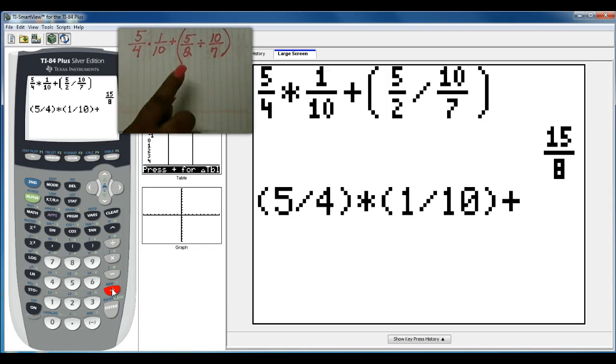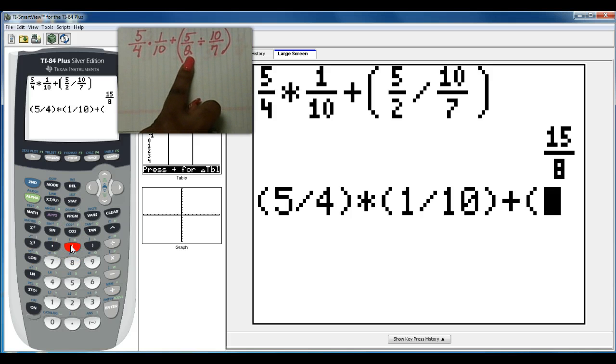Now when I get to this point, I have to use the parentheses that's there. So I'm going to put a parenthesis. But then 5 over 2 has its own parenthesis, so I need another set of parentheses for 5 over 2. This parenthesis is not for 5 over 2. This parenthesis is for this parenthesis that's in the problem.